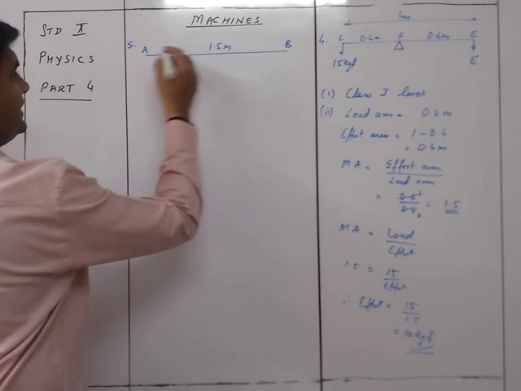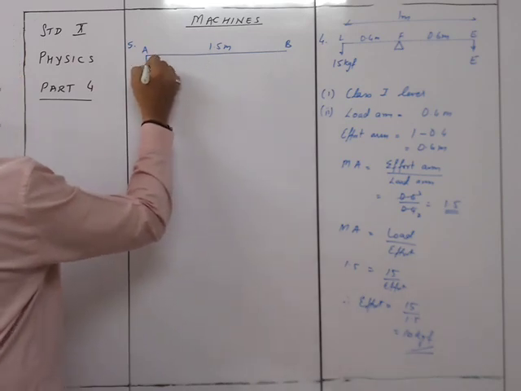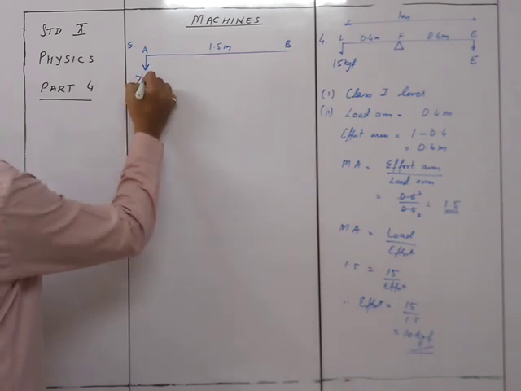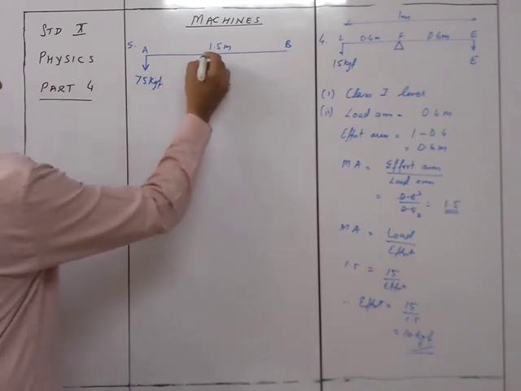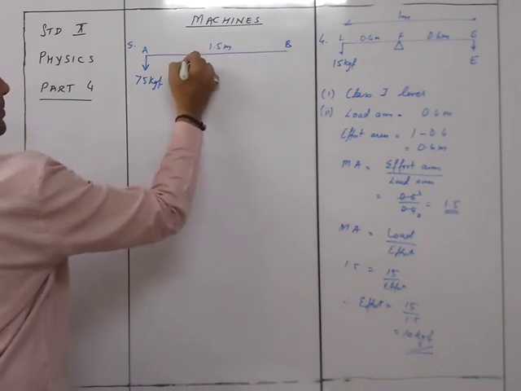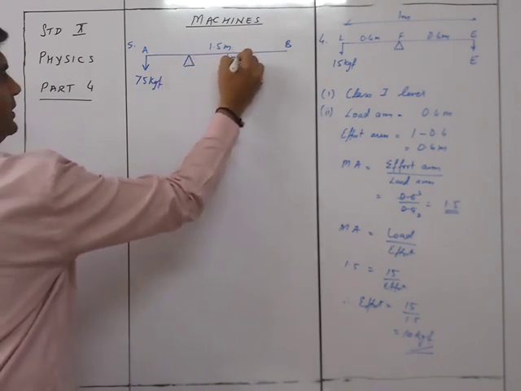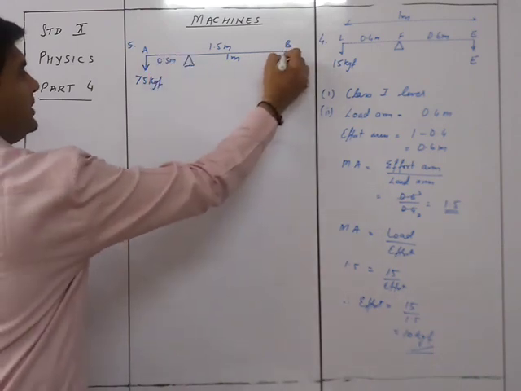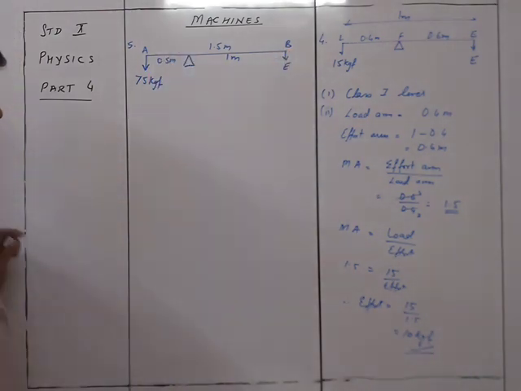So we'll consider this to be the load side, the 75 kgf. The fulcrum is 1 meter from the effort end. So this will be 0.5 meters, and this is going to be the effort over here.